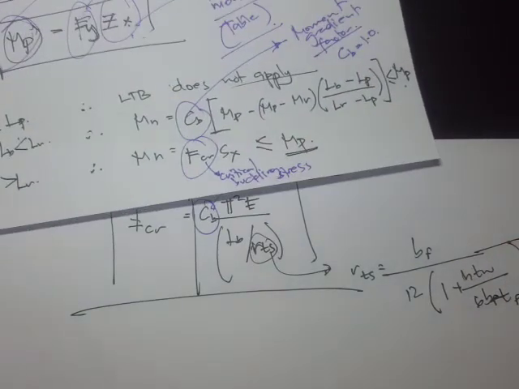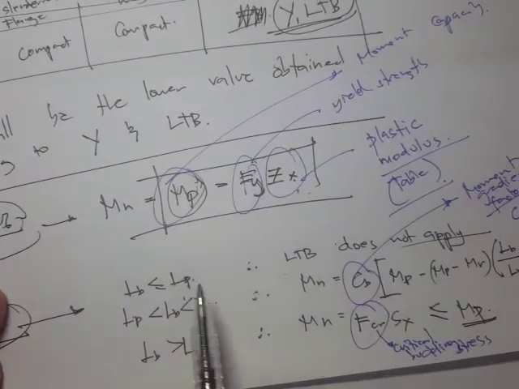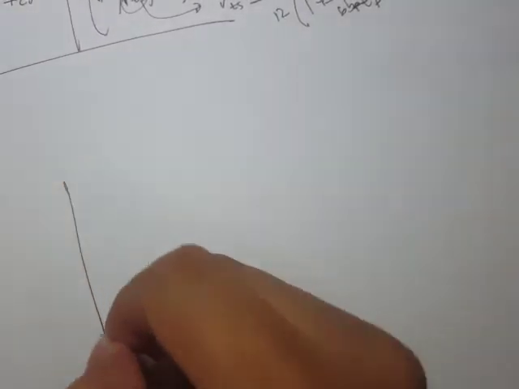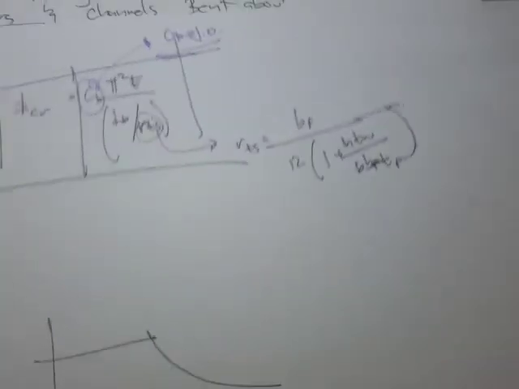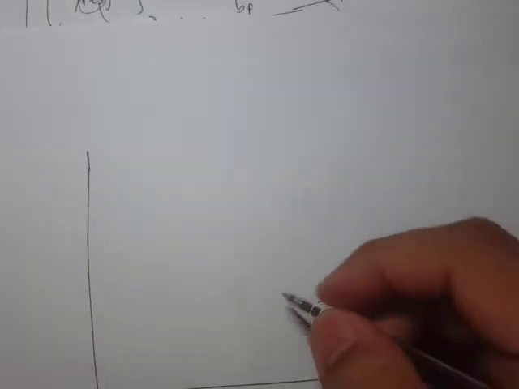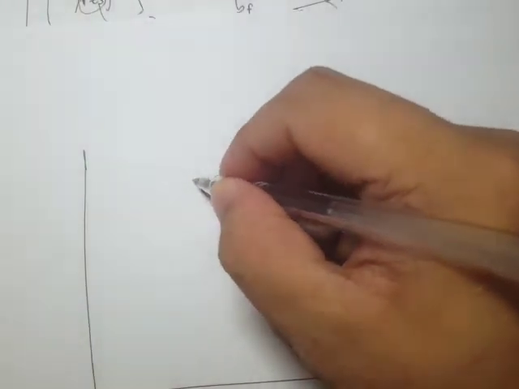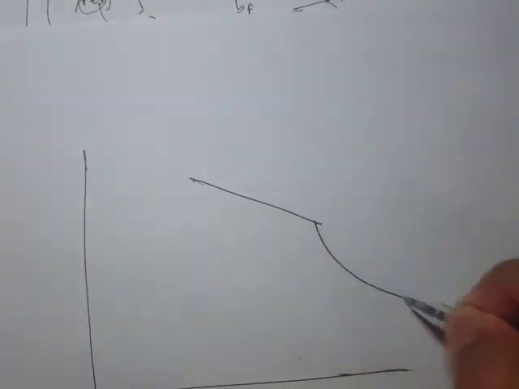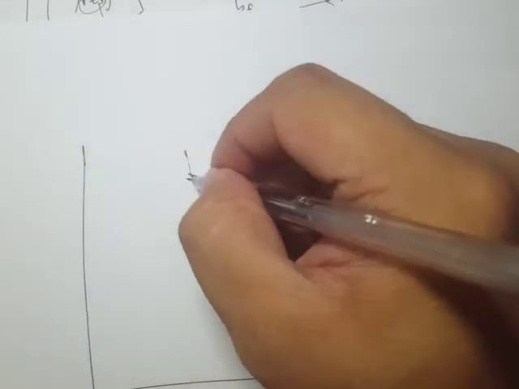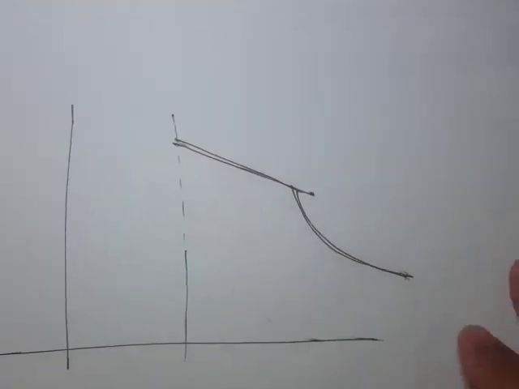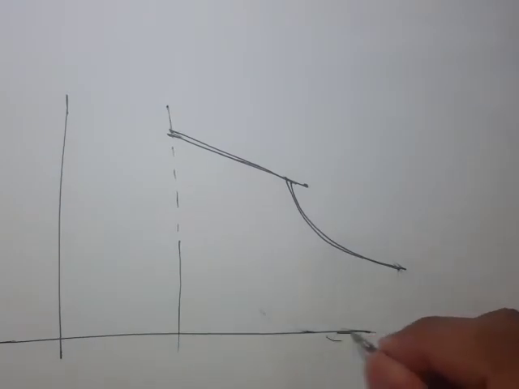Okay, so now let's convert these conditions in the graph. So again, this is our, sorry, I think this one should be something like this. We have this earlier capacity, right? That's the capacity for the lateral torsional buckling, and here we have unbraced length and then nominal capacity.